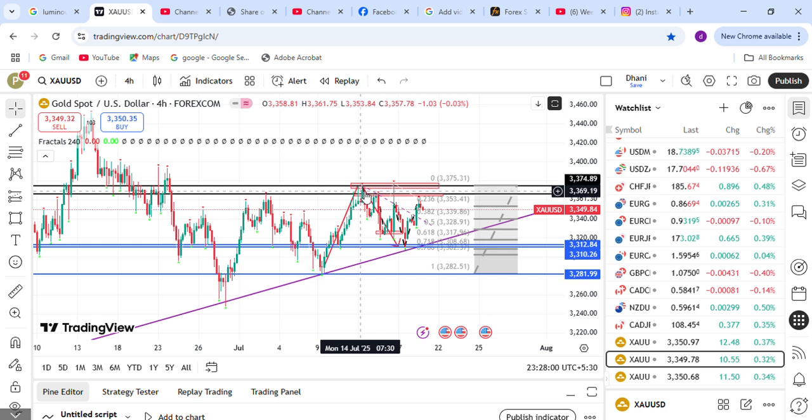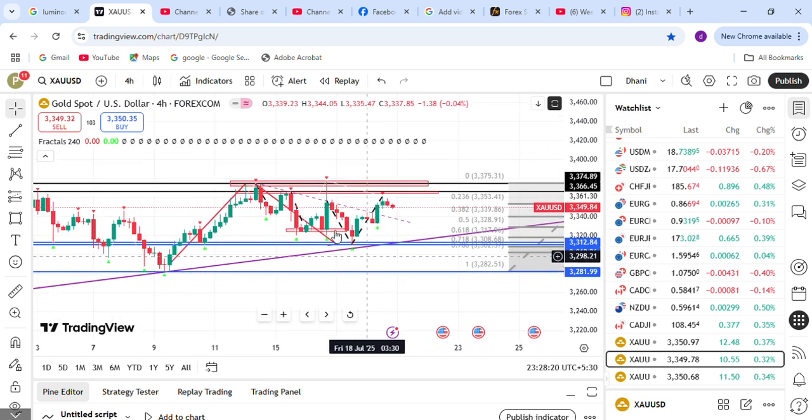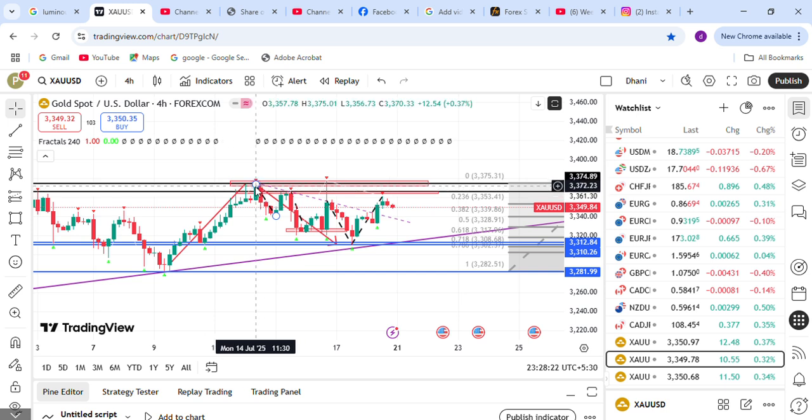First let's see, 1 2 3 4 5. So exactly the week started with a slight push up. Why did this slight push up occur? Because it wanted to trap the bulls for the entire week, and I am sure most of the traders got into this trade on Monday, early Monday, especially from the Tokyo session.